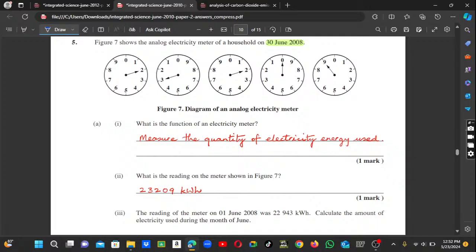We have 2, 3, 2, 0, 9. So it's 2, 3, 2, 0, 9, so therefore we would see it to be 23,209 kilowatt hours. Alright, good. Moving forward, guys.